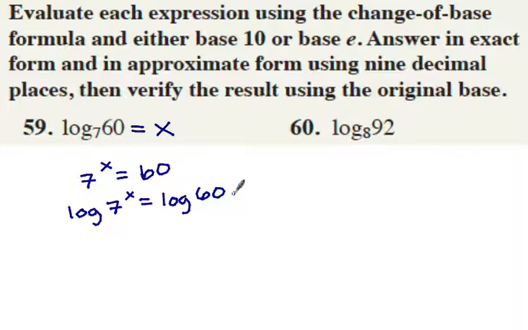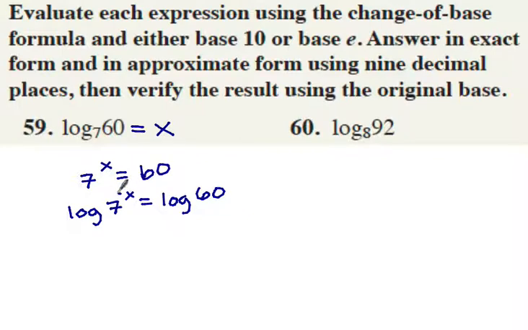And then Chase, what did we learn yesterday that I can do to get the exponent by itself here? What's that special property we've got that can help me move that exponent? Well, right now I have an exponent here inside of a log. What did we learn yesterday that I can do with that? Good. Okay.